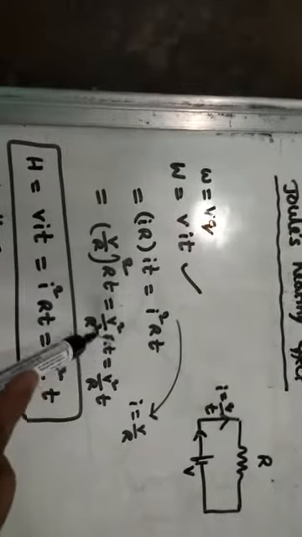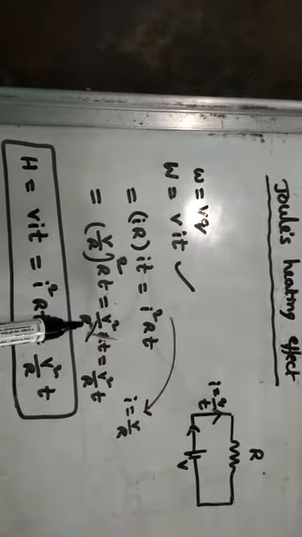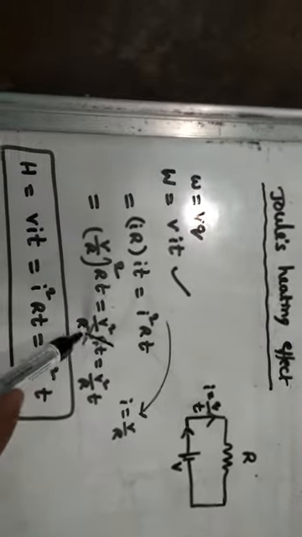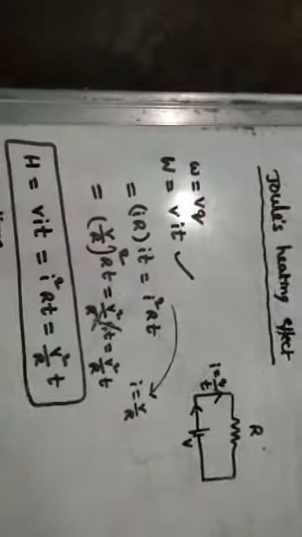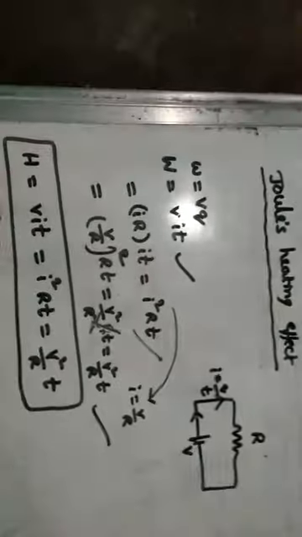So here one R will cancel, only one R is remaining. So automatically V square by R into T. Finally you got three formulae. These are the three formulae.